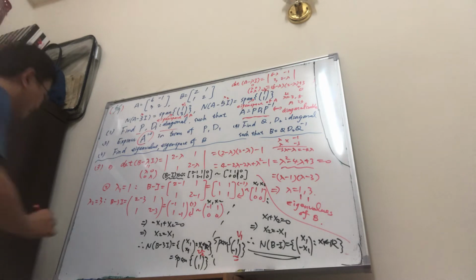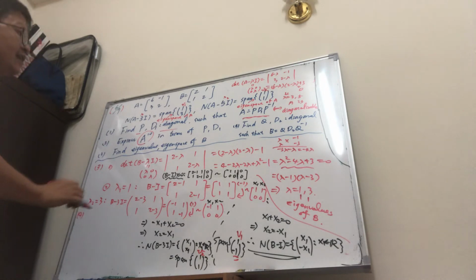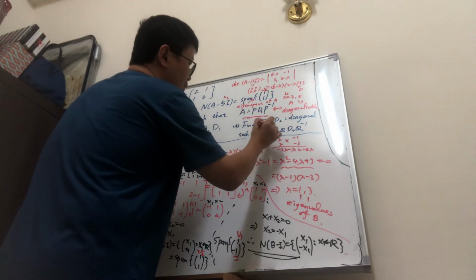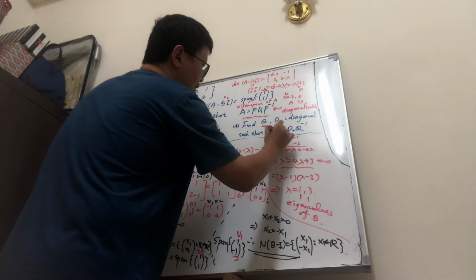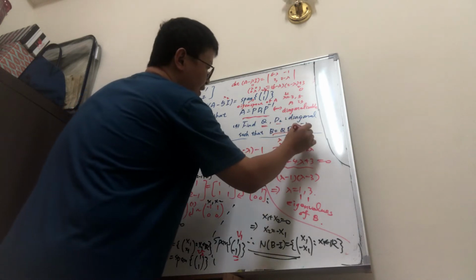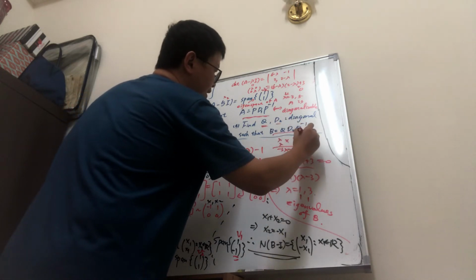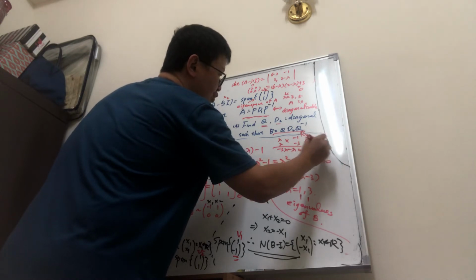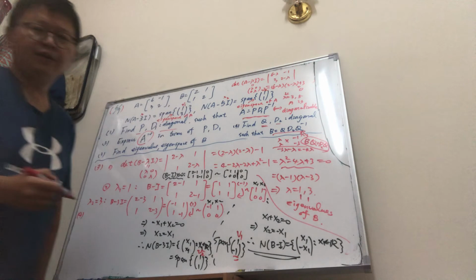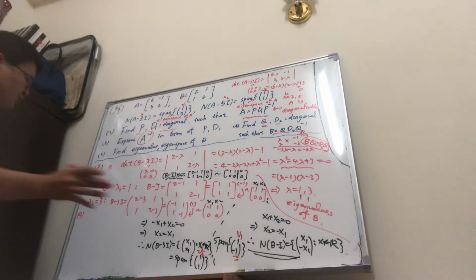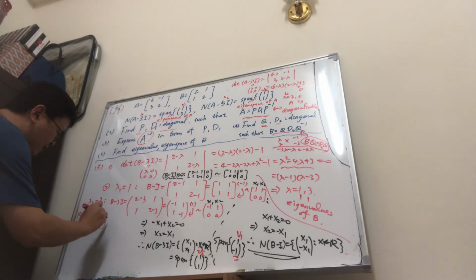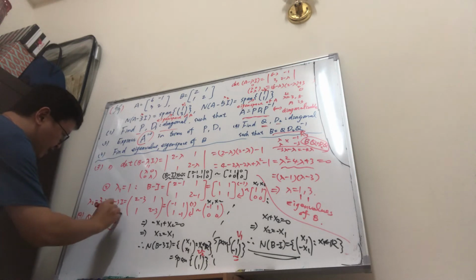And then the last one: find the invertible matrix Q and diagonal matrix D2 such that B is of the form Q D2 Q inverse. As we say, if we satisfy this, it means that BQ equals D2Q. So just let Q be the eigenvector v1 in the first column and eigenvector v2 in the second column.